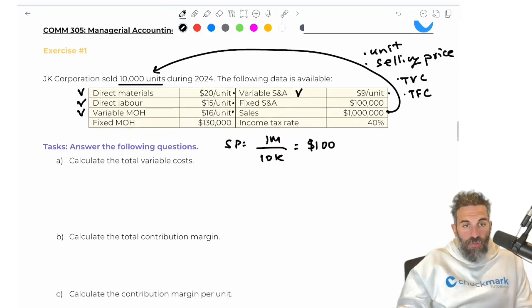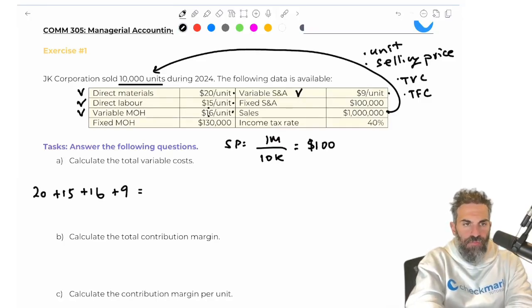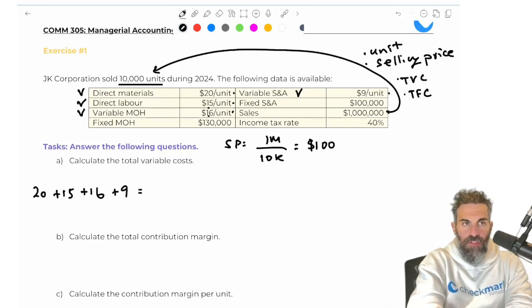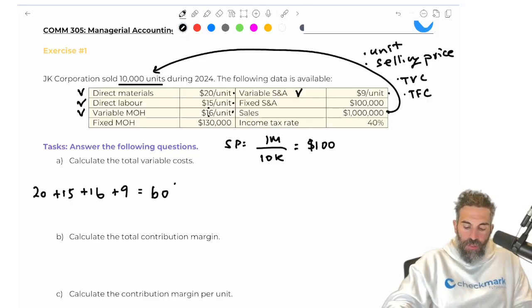So if I put all of those together, 20 plus 15 plus 16 plus 9, I get $60. But this is not my total. This is my VC per unit. If you want to know the total, you need to multiply that by the number of units that you're selling. So that would be 600,000.